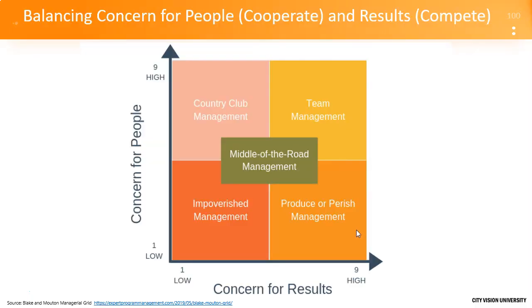So, how do you create that balance? Again, just to revisit, what you're looking for is effective management, which has high concern for results and high concern for people. So that would be strong compete and strong collaborate.